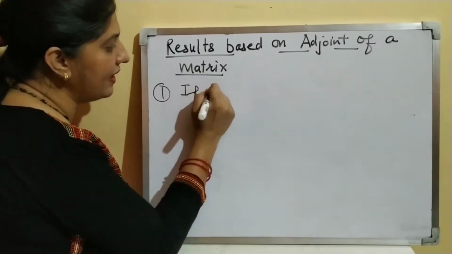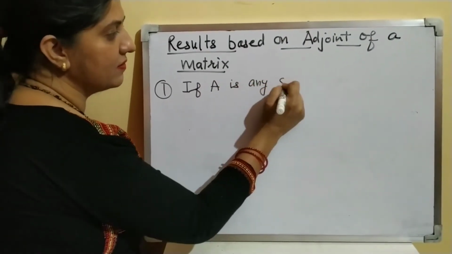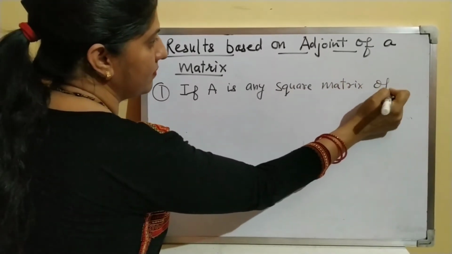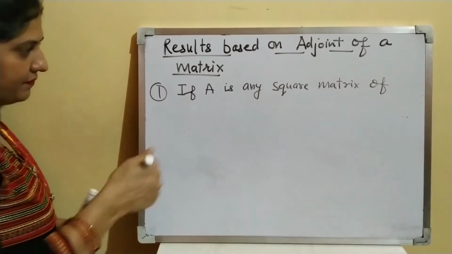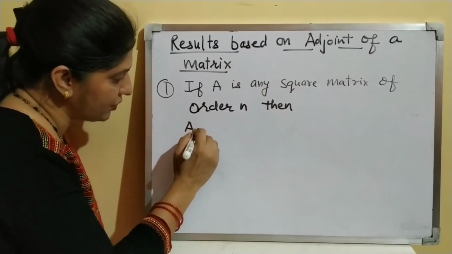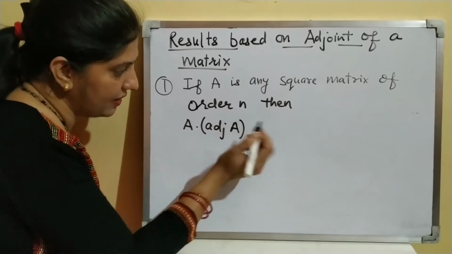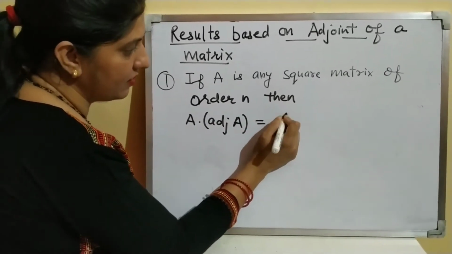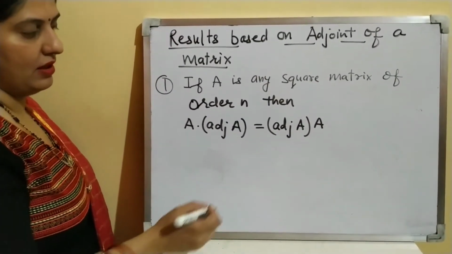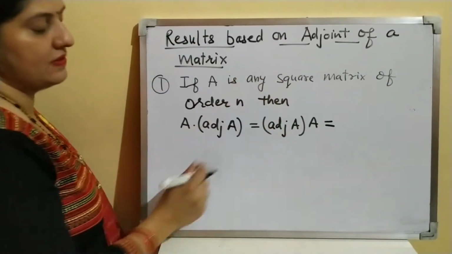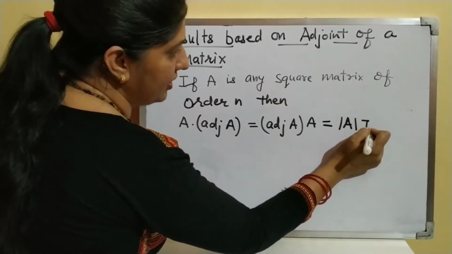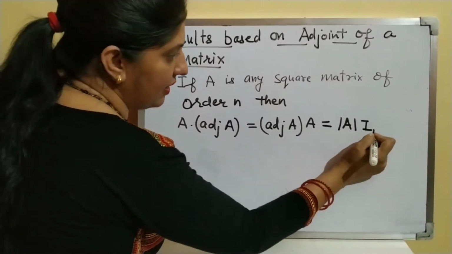If A is any square matrix of order n, then A into adjoint of A is equal to adjoint of A into matrix A, and this is equal to determinant of A into identity matrix of order n.